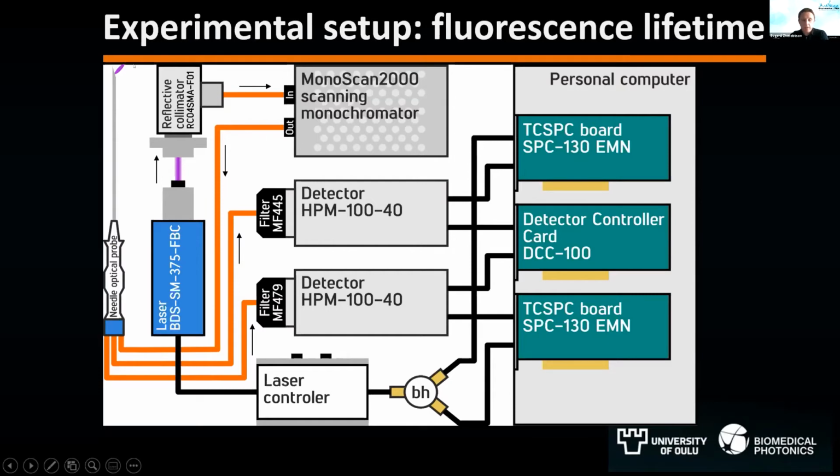We collect backscattered fluorescence radiation and analyze it using two detectors with two different filters. But in this research, we focused on one detector with a high pass filter cut of 479 nanometers.